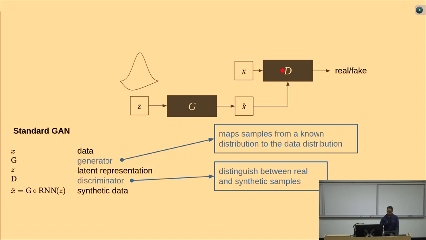And both these networks, the generator G and the discriminator D, are trained together in an alternating minimization, maximization optimization.